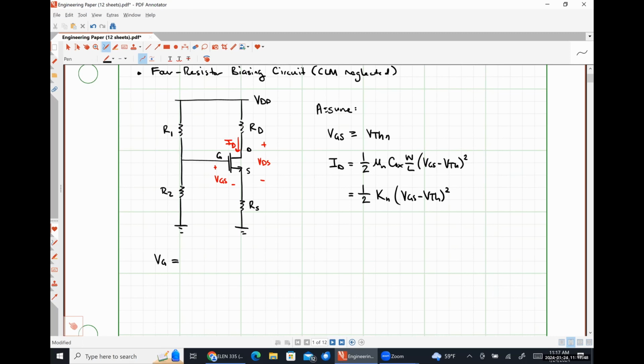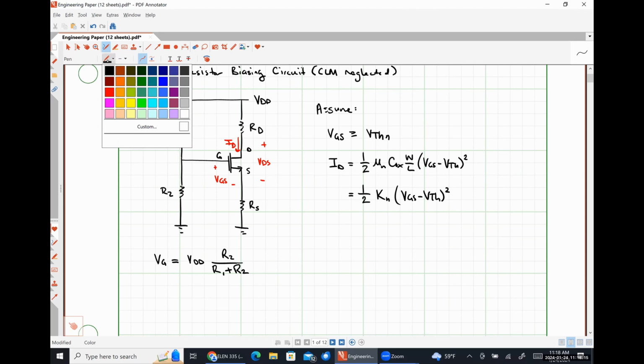So at DC, we know that literally no current can flow in. So we have just a very simple voltage divider, okay? So our gate voltage will be VDD times R2 over R1 plus R2. So nothing remotely fancy there.